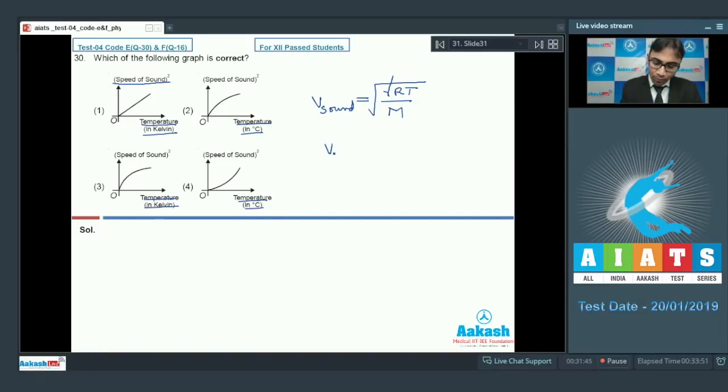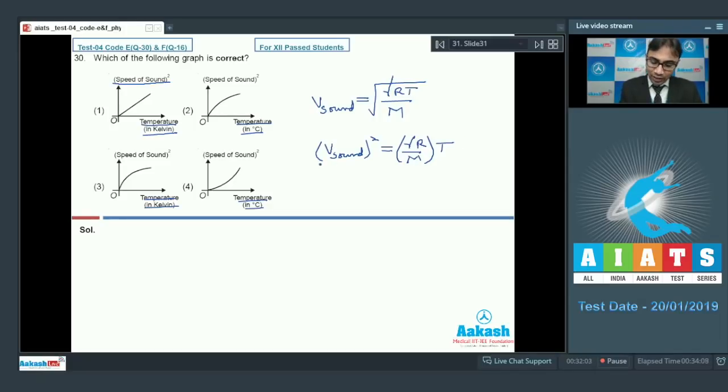So if I square both sides, we will get velocity of sound squared equal to gamma R by M into T. And since here T is always in Kelvin, T is the absolute temperature, it should always be in Kelvin, right?